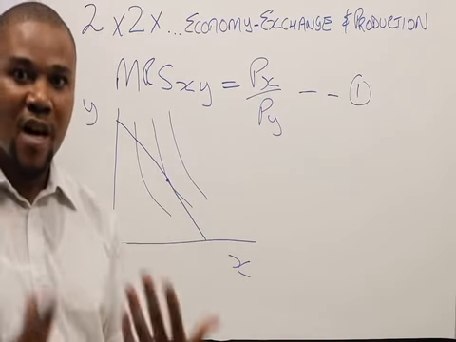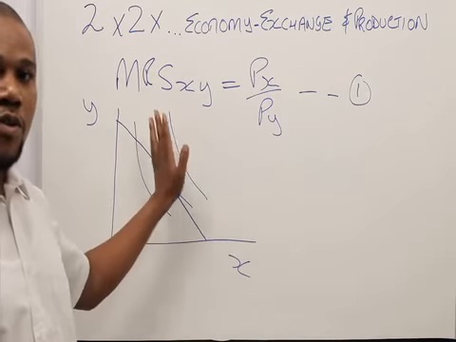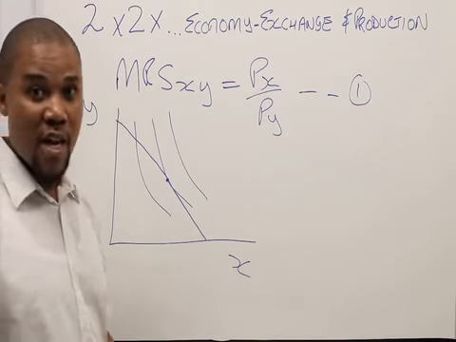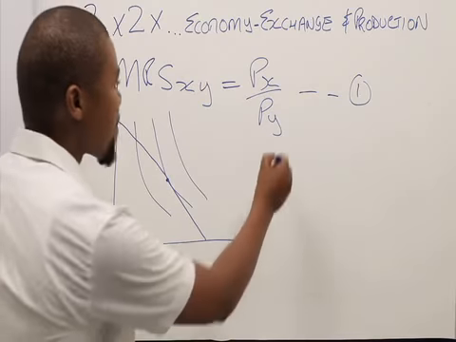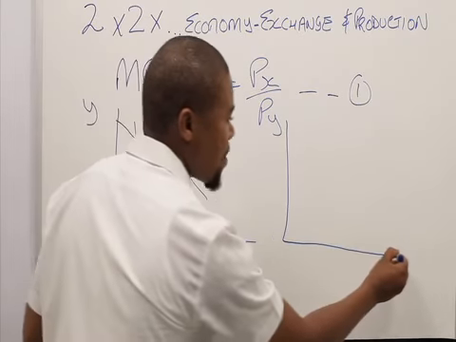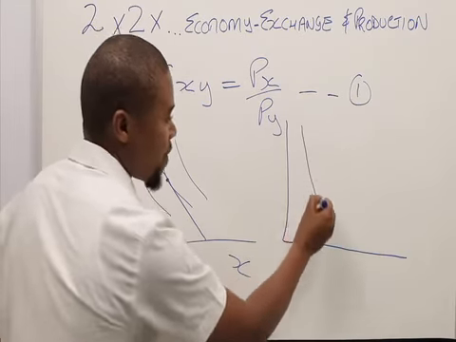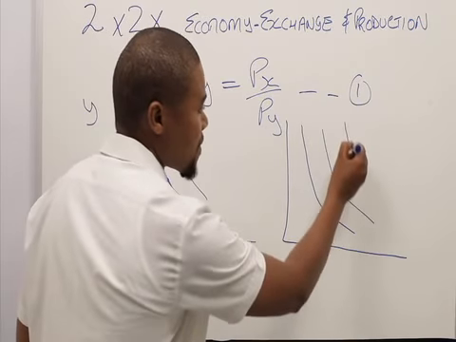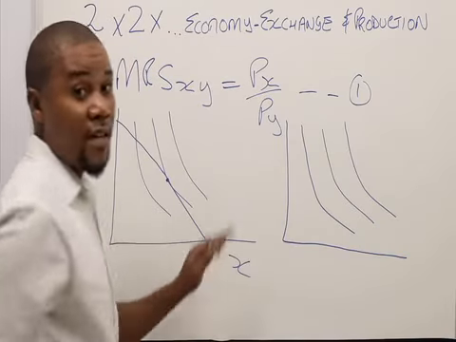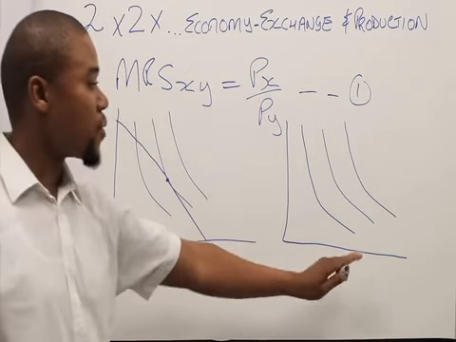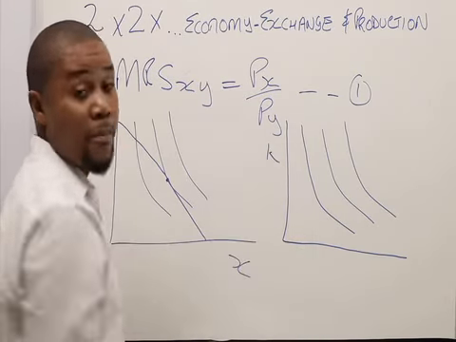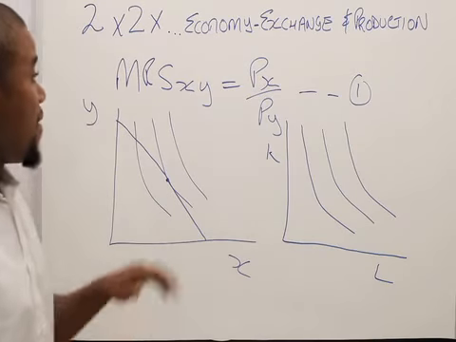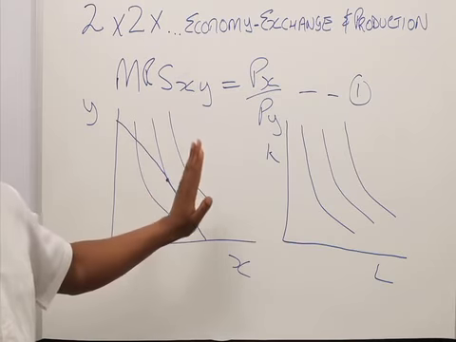And it's the same analogy that applies to the consumer sector as well as to the production sector. So in the production sector, same analogy, but instead of having indifference curves, you have isoquants. And then instead of having the goods, good Y and good X, you would have inputs, capital and labor. And a similar relationship would apply.